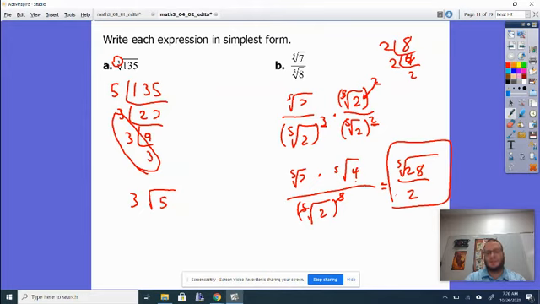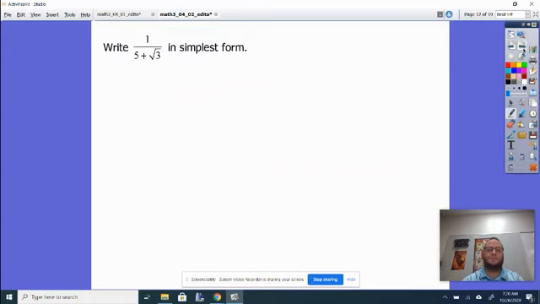Okay, so the idea with rationalizing denominators, we want to try to get rid of that radical. For the most part, you're going to see the ones like the example I gave you before, that C example. Okay, now this is where it gets tricky, so make sure you're paying close attention to this one. I've got a radical in my denominator here. I need to get rid of it, but I can't use the trick that I just used.